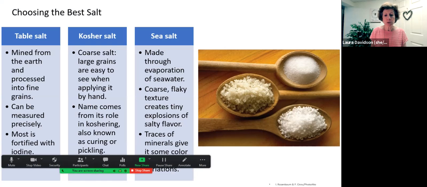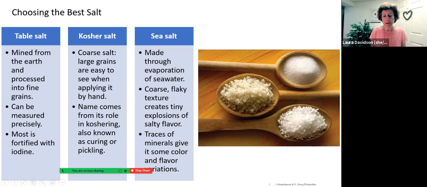I did want to mention one other thing. I was looking for it in the slides, but it must be in the textbook. And that is, when you cut down on sodium, it takes a while for your taste buds to adjust. Your textbook says 8 weeks. I had always heard at least 4 weeks.